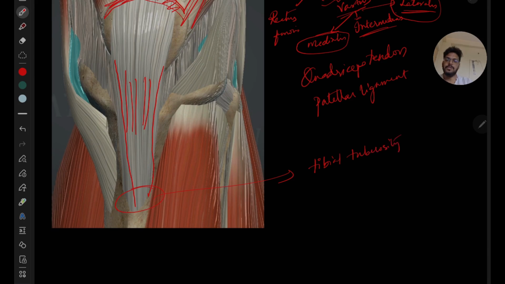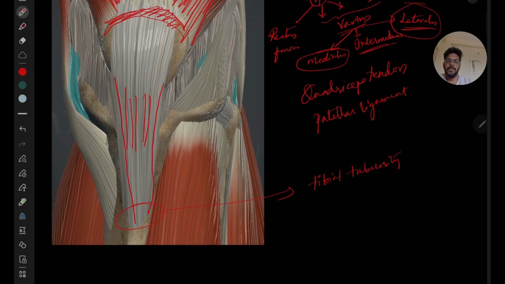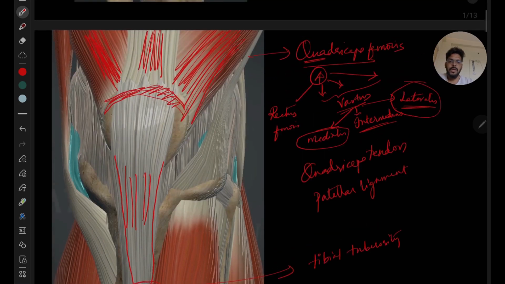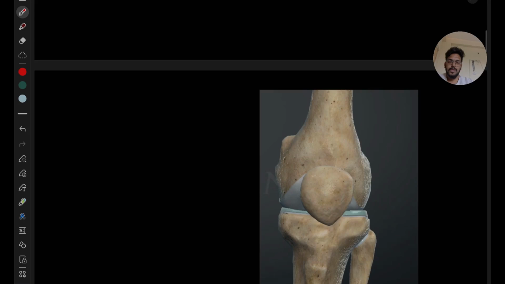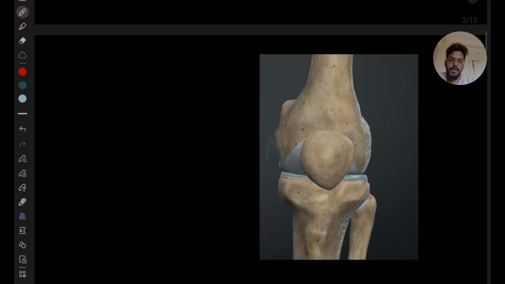Now, as for the mechanism of action: when the patella is pulled by the quadriceps muscle, the direction of pull is towards the lateral side. As I mentioned, the maximum bulk of the muscle is at the vastus lateralis, so the strongest pull is towards the lateral side.